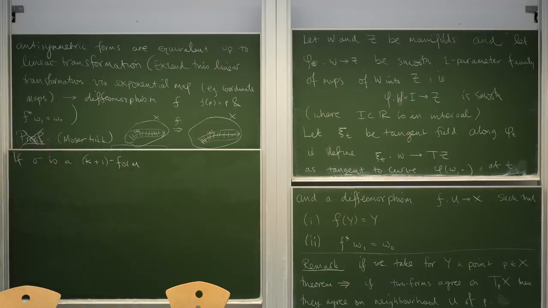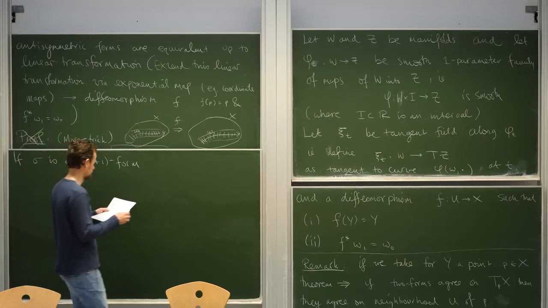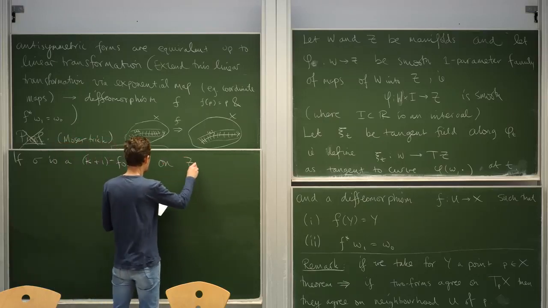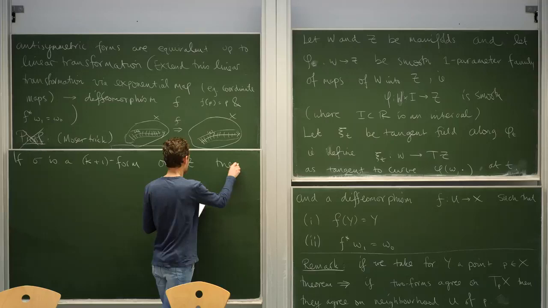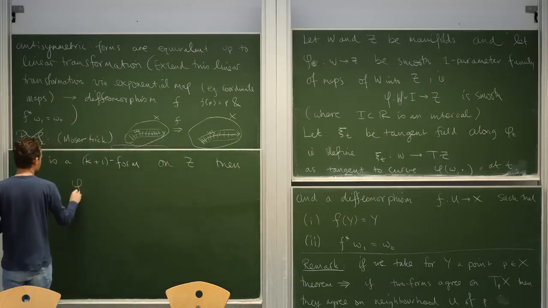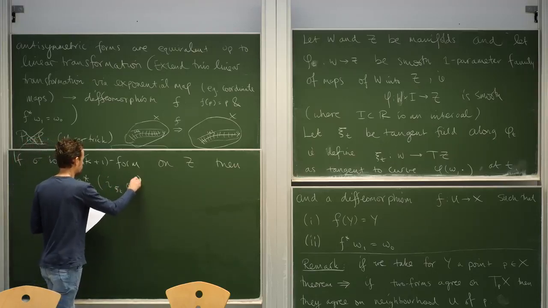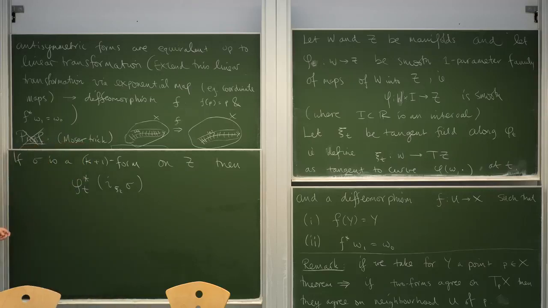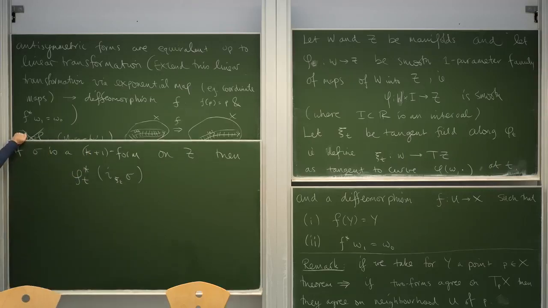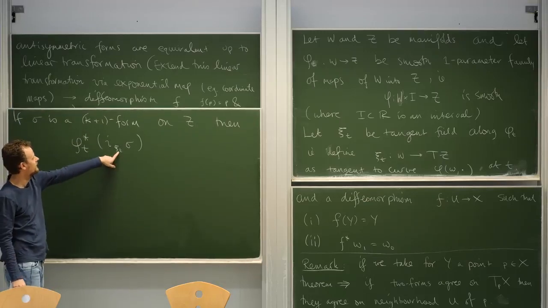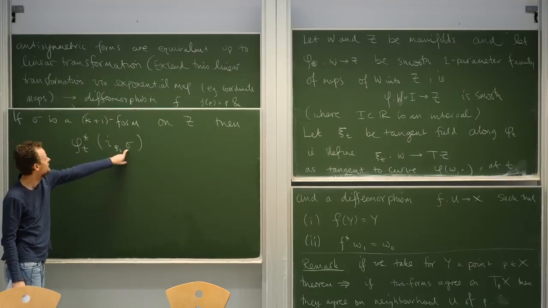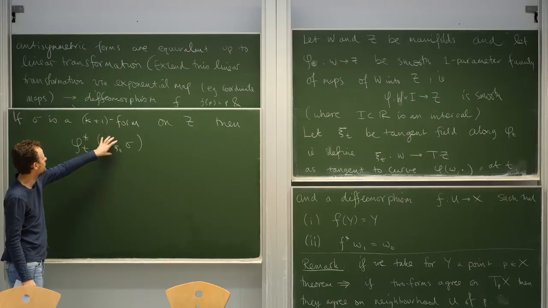So given such a one-parameter family of diffeomorphisms, or indeed just smooth maps, we can make various constructions with k+1 forms and interior products and so on. We can pull back, for example, the result of putting in the tangent vector psi t in some k+1 form, and then we can pull that back.